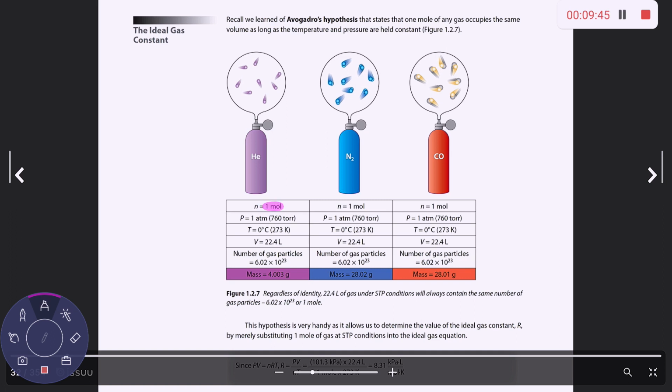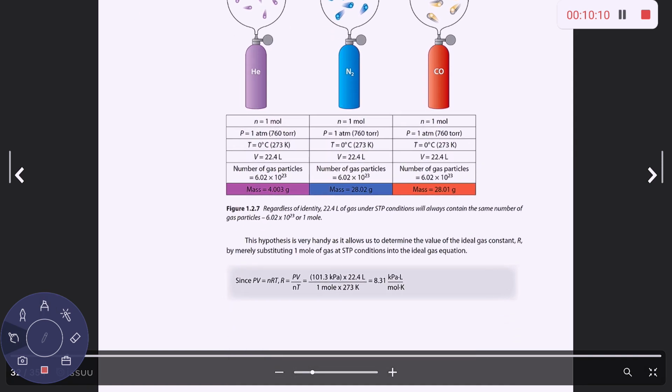So here they're showing you a mole of helium, nitrogen, and carbon monoxide gas. The pressure and the temperature are constant. They're all 1 atmosphere and 0 degrees Celsius. The volume occupied by each one of these gases is the same. It's 22.4 liters. If you put these values into the ideal gas equation, you can solve for R, and that's how they got the R values.